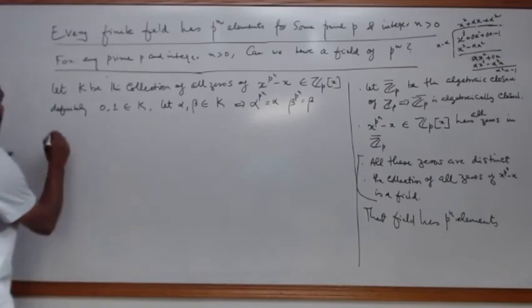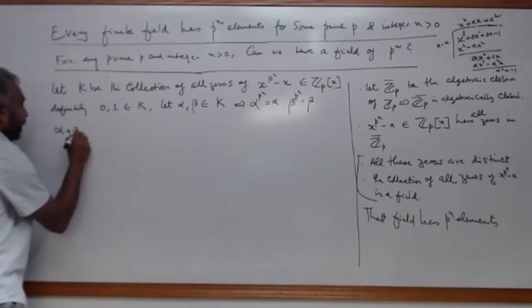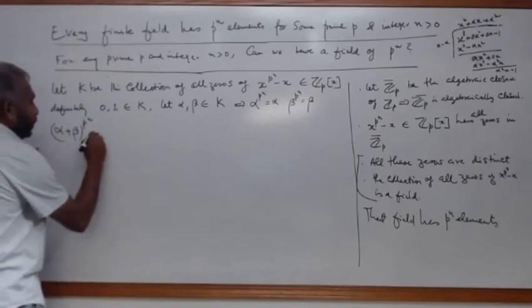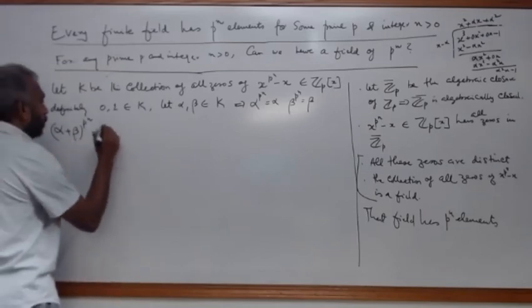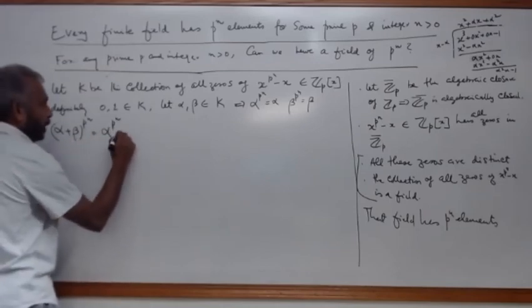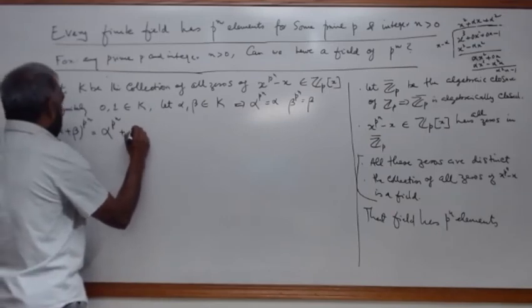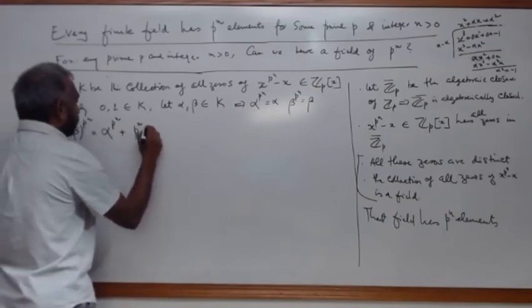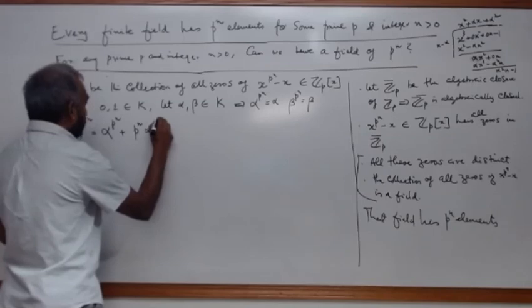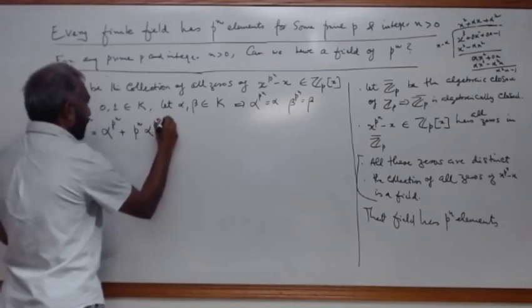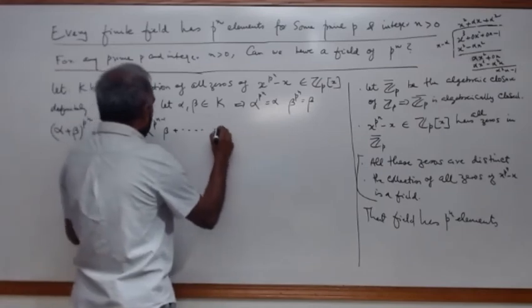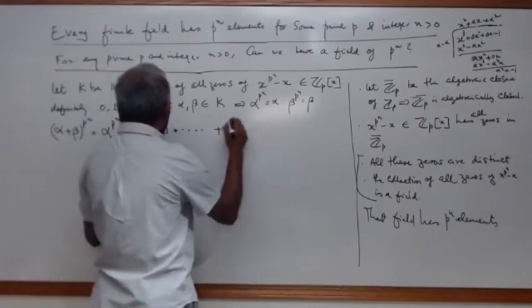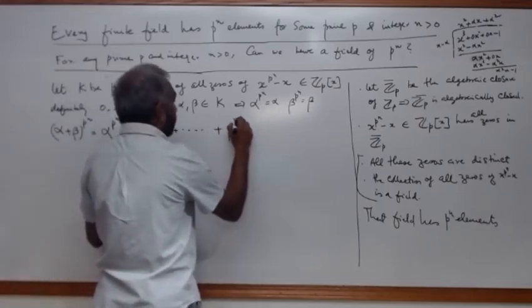So let us see, alpha plus beta to the power of p to the power of n is equal to, by the binomial theorem expansion, alpha to the power of p to the power of n plus p to the power of n, alpha to the power of p to the power of n minus 1 beta, plus and so on, plus beta to the power of p to the power of n.